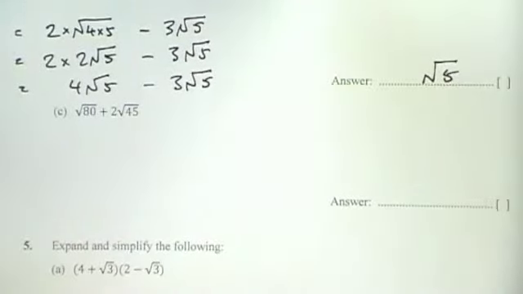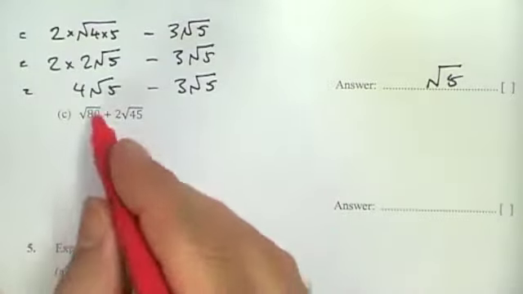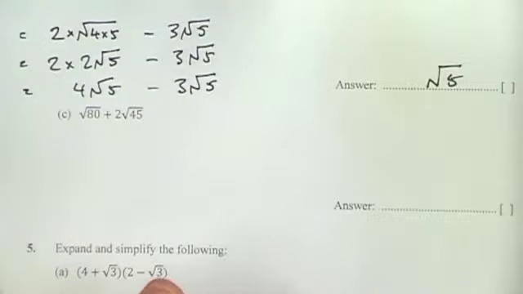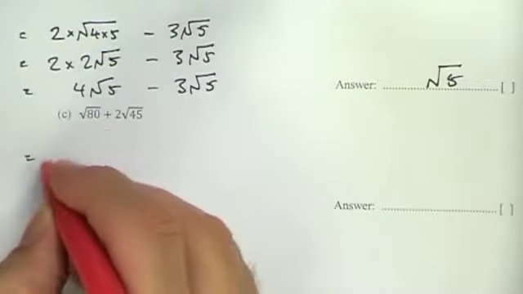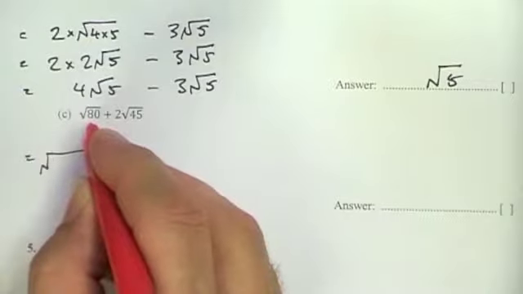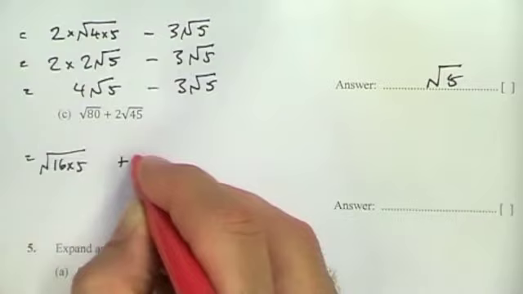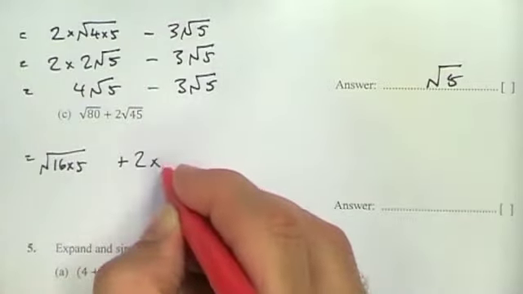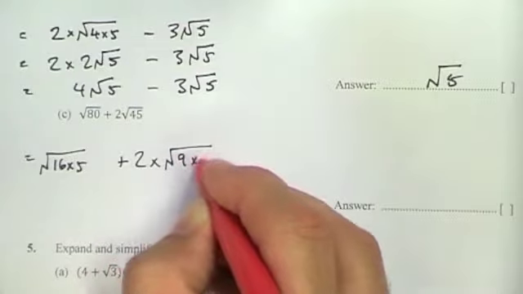Next question. Neither of these surds are in their smallest form, so you've got to reduce both of them into their smallest forms. This first one can be broken down into the root of 16 times 5, which is 80, plus 2 times root 45, and root 45 can be 9 times 5.